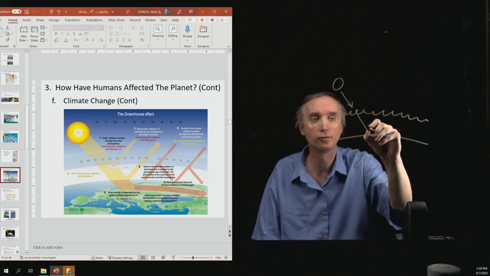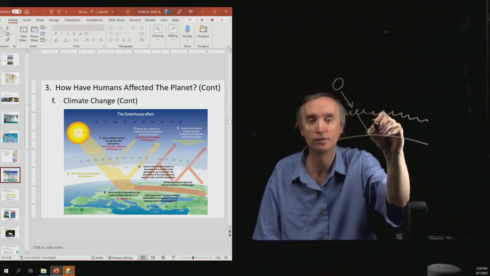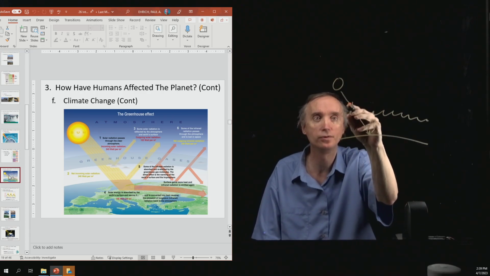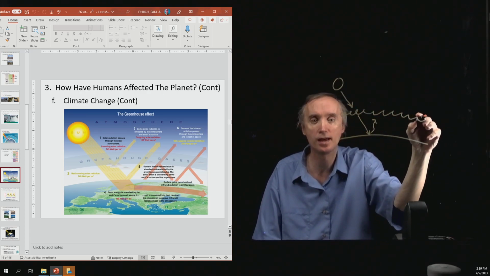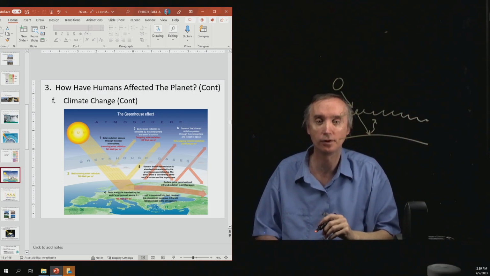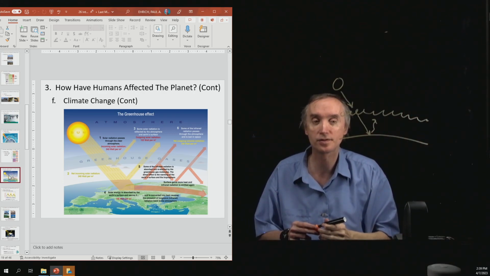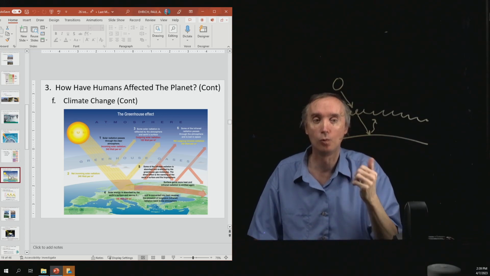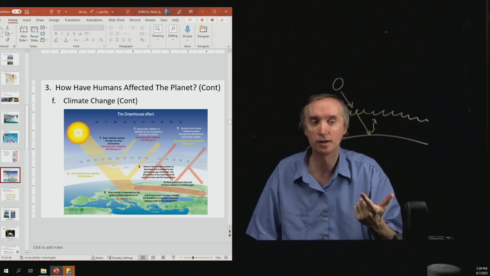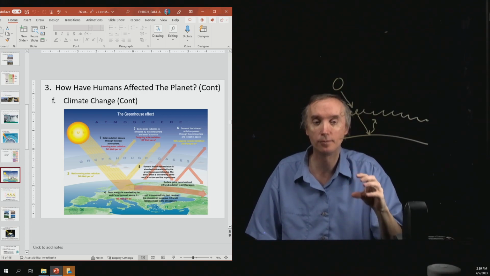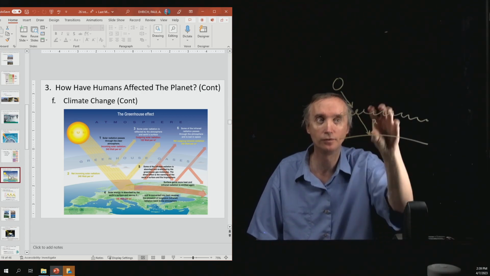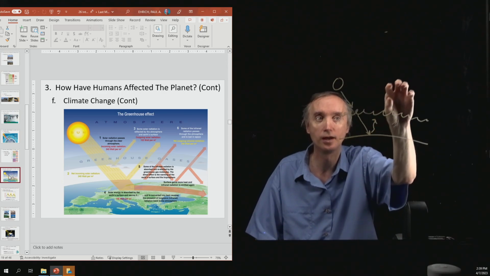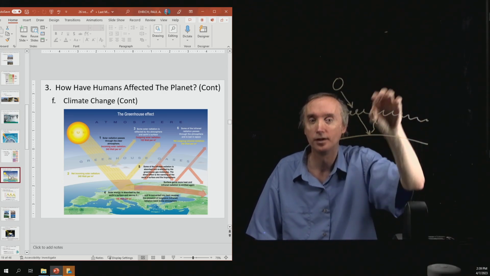That infrared, which is heat, starts to rise in the atmosphere, but when it gets to these greenhouse gases, which are in the upper atmosphere, that stops them. So water, carbon dioxide, and methane are all greenhouse gases that trap infrared radiation. Now, some of it does manage to get through and goes into outer space.